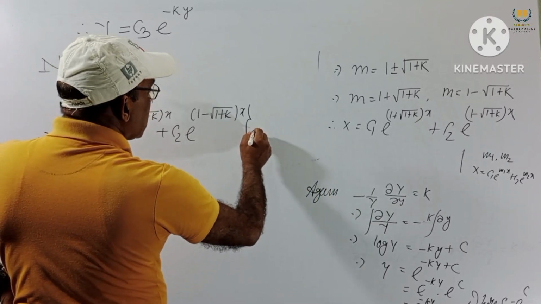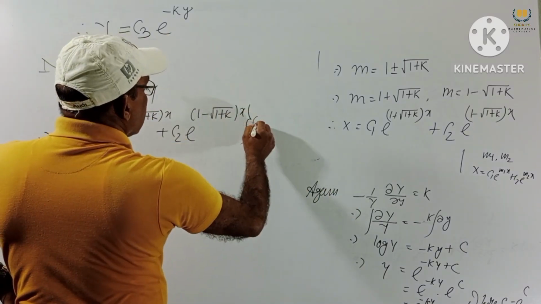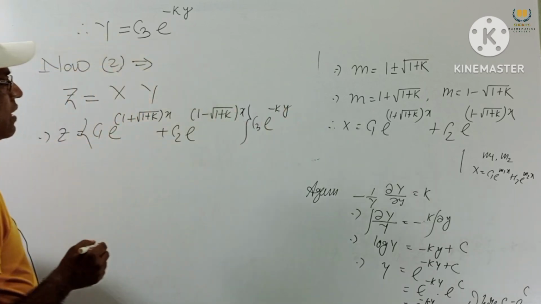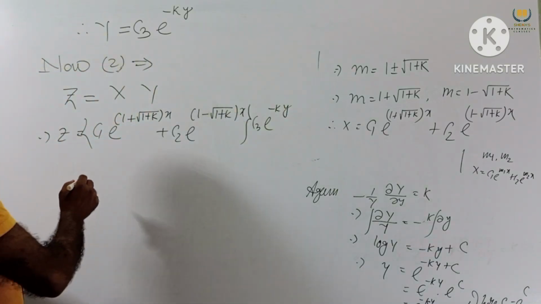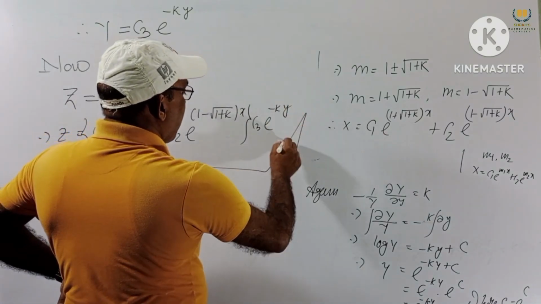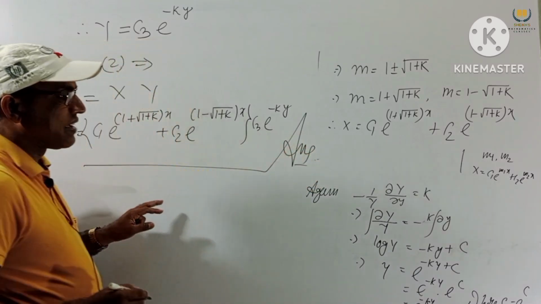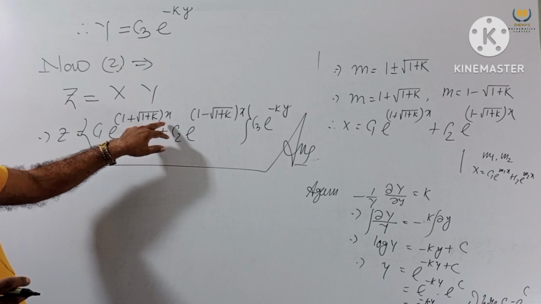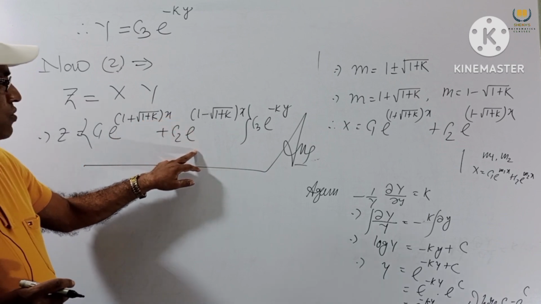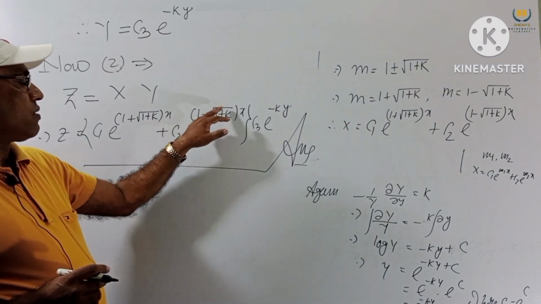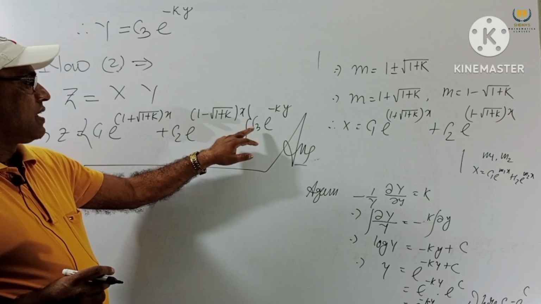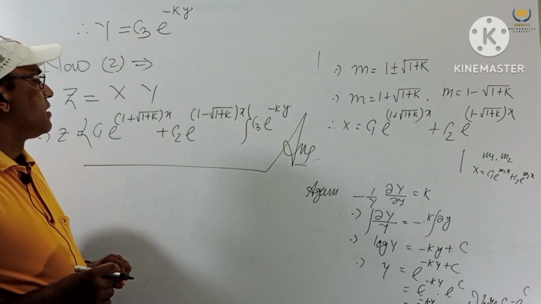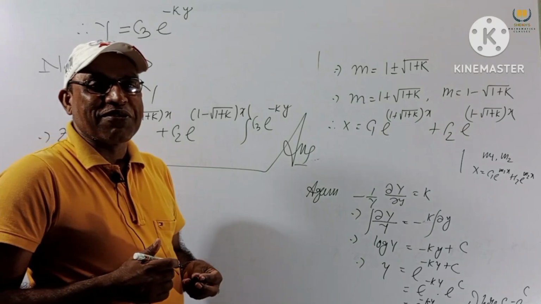Y means c3 e^(−ky), and this is the final answer. z = (c1 e^((1 + √(1 + k))x) + c2 e^((1 − √(1 + k))x)) times y, where y means this value. So this is the complete solution of the given problem.